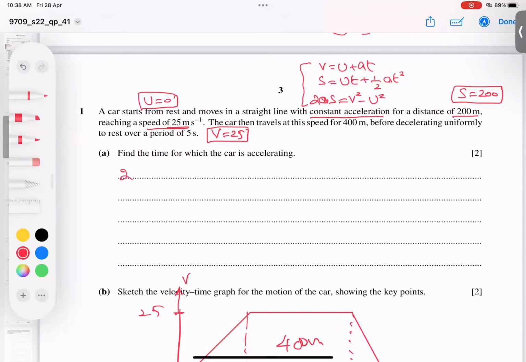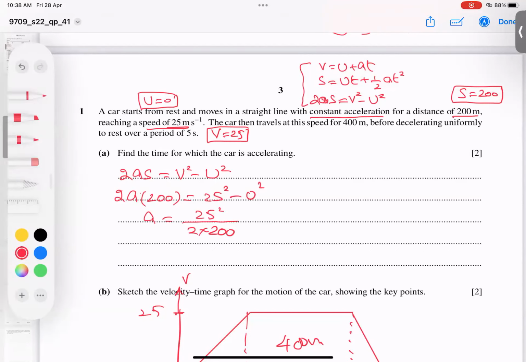So 2as equals v squared minus u squared. 2 times the acceleration I am looking for, and s is given as 200 meters, and the final velocity is 25 squared, u is 0. So a becomes 25 squared divided by 2 times 200. I believe up to here the point is very clear.